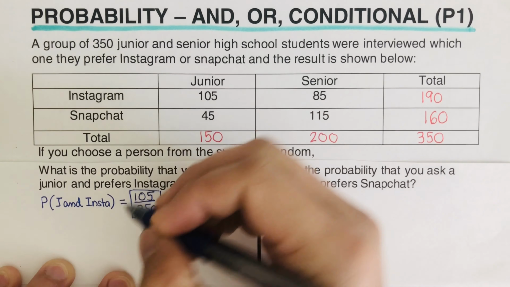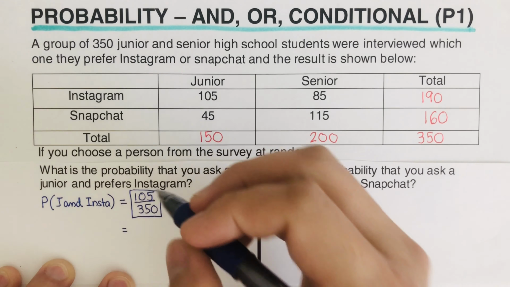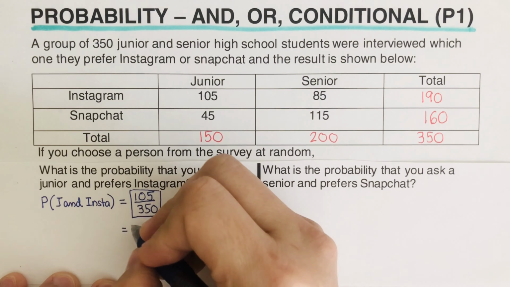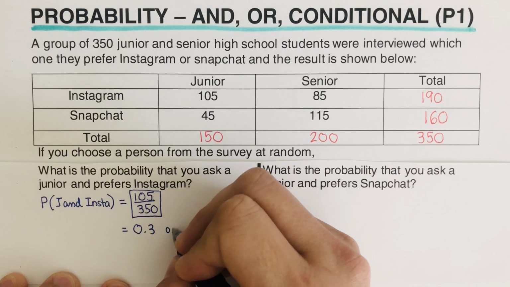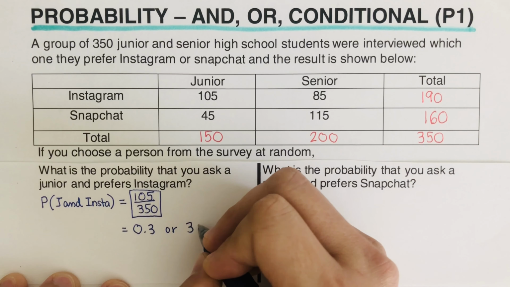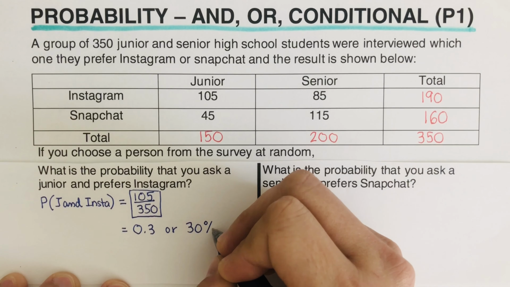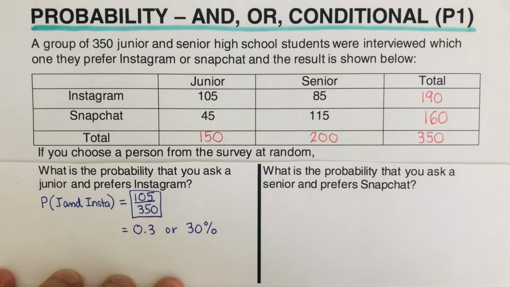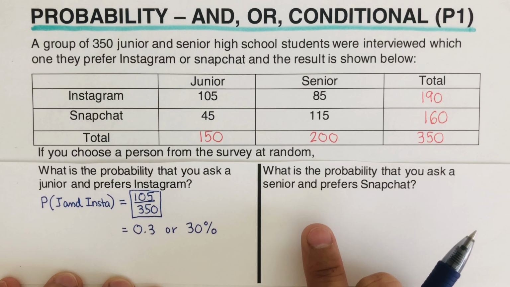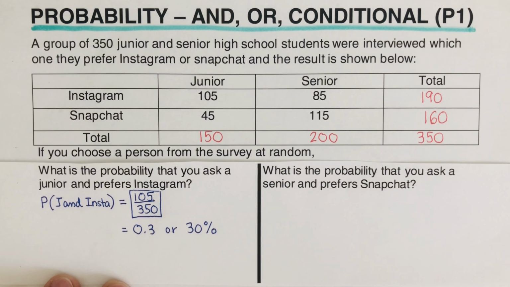Or we can have it as a proportion: if you divide these two, this should equal 0.3, or in percentage, 30%. It depends on how you're being asked in the problem. If it asks what percentage of the students are juniors who prefer Instagram, that would be 30%. At this time, I would encourage you to pause this video and try this problem on your own, and when you're done, check your answer.